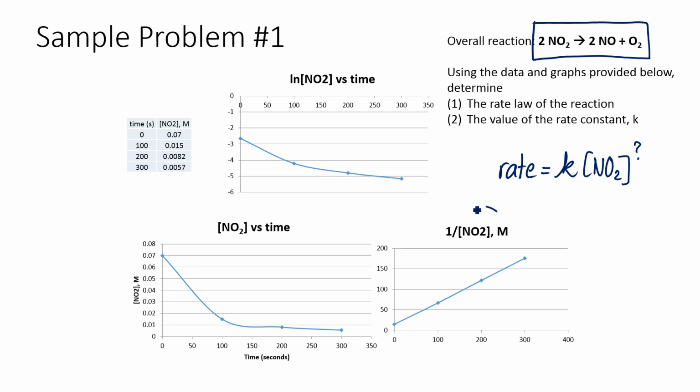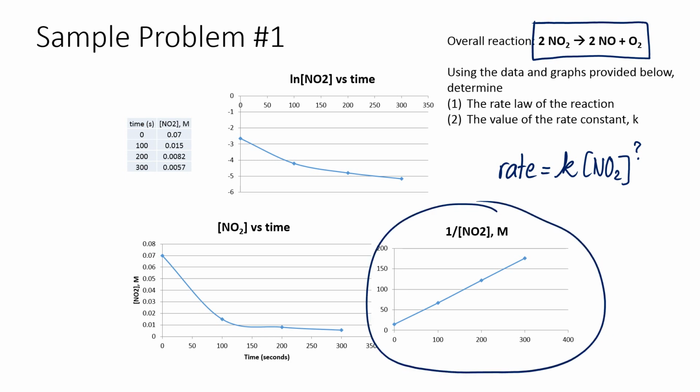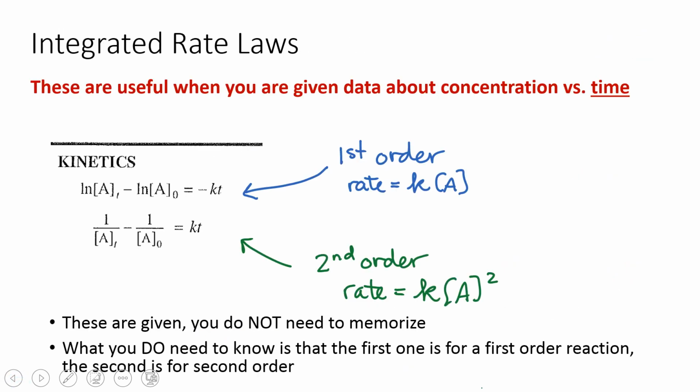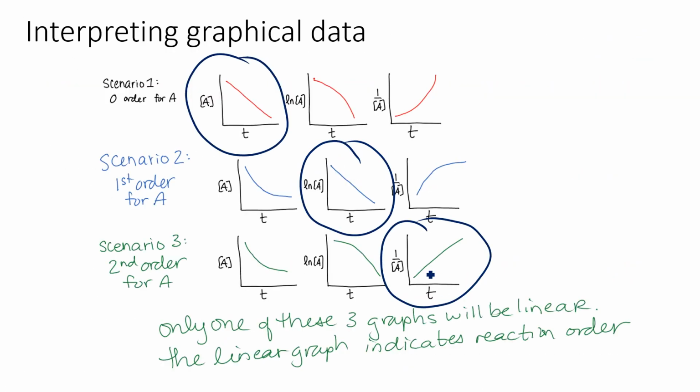It looks like in this case, this graph right here is the linear one. And if the inverse of the concentration versus time is linear, let's go back to my other slide to reference here. Okay, if the inverse of concentration versus time is linear, that means it's second order for that reactant.